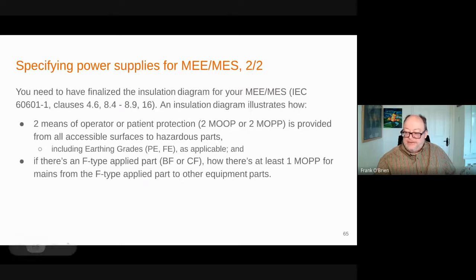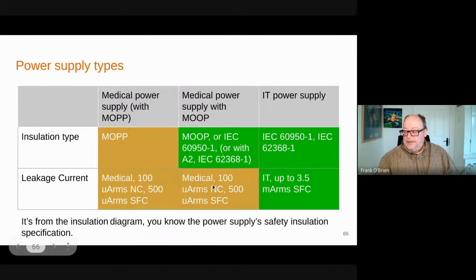And here's the insulation issues. F-type applied parts, you're going to have a DC to DC. So here's the three basic power supplies, if you will. There's kind of two basic types, and then we should try to talk about this hybrid.